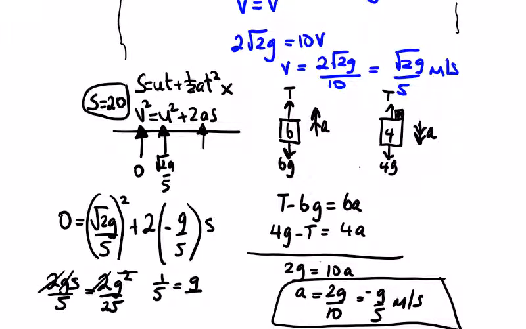Sorry, here my g wasn't fully in that square root, confusing me, so that squared shouldn't be there. So we're going to get s over 5 is equal to g over 25.